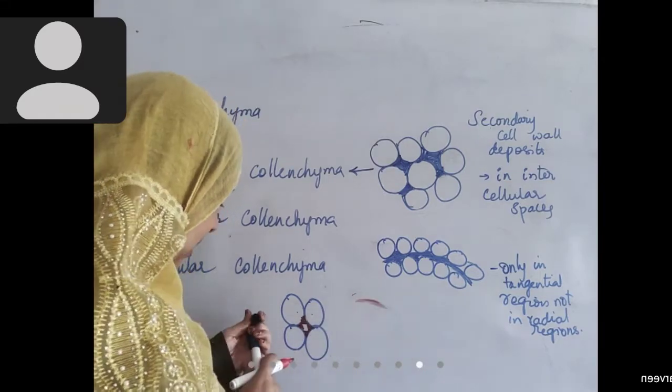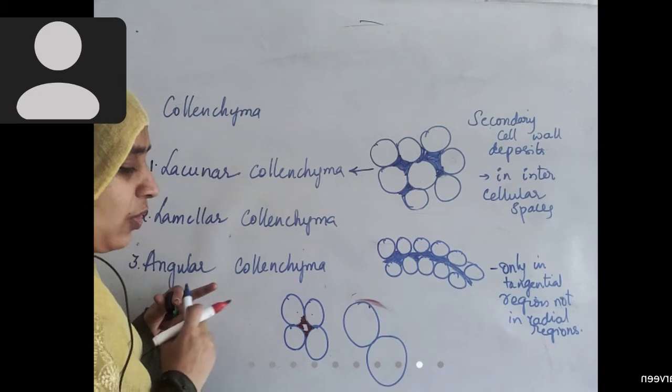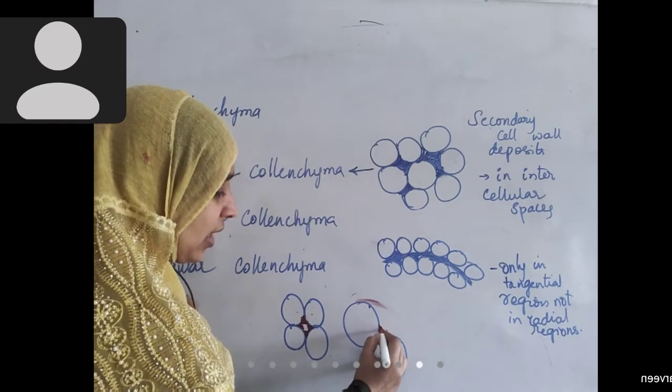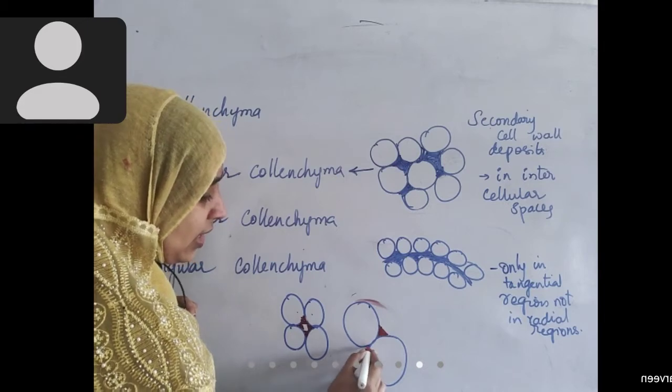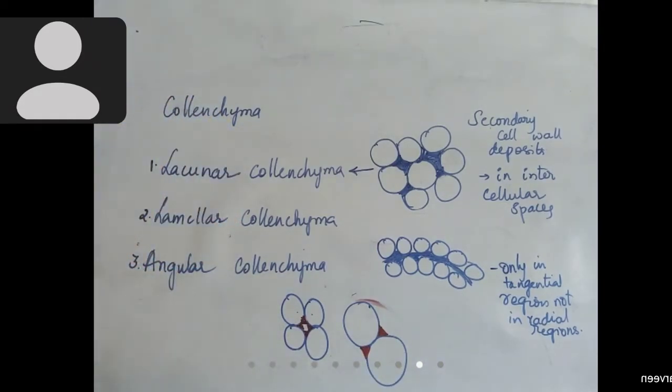This cell 1 and cell 2 are making one angle. You can see here an angle is there. In that angle only, cell wall deposits. Here one angle is there. In this angle only, cell wall deposits. Okay.